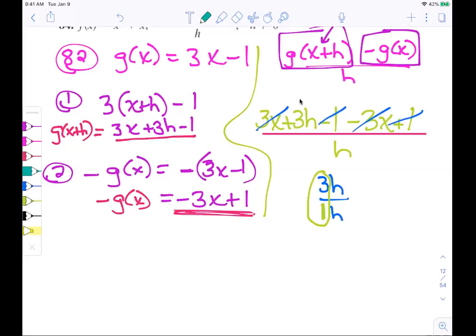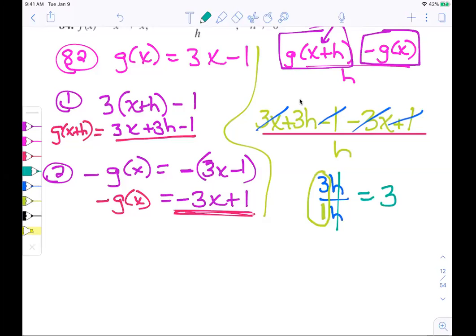The variables stay together, and they actually cancel, because it's like having h divided by h. So they just cancel out, because that's that common term. They're gone. So it does nothing to the coefficients in front. It just cancels the variable behind it, because the variable is the same. And that leaves us just with a 3. So that means this difference quotient simplifies to just be the number 3.